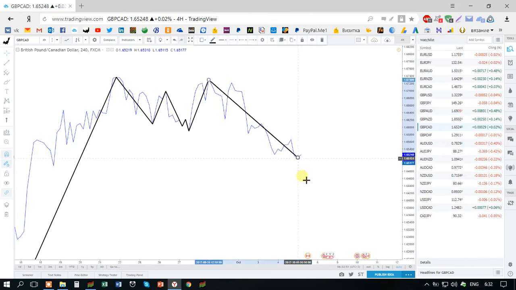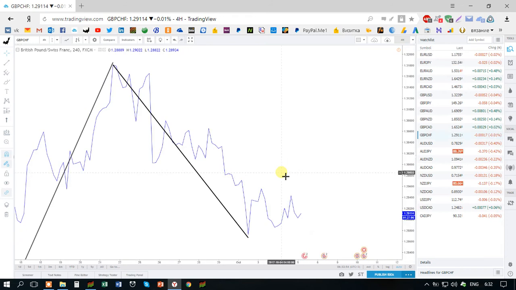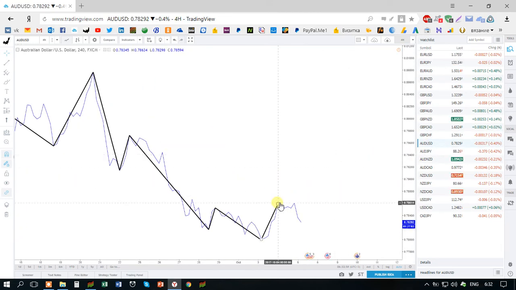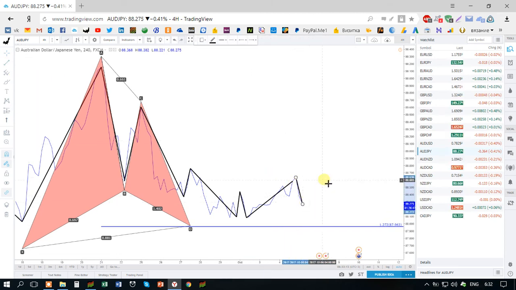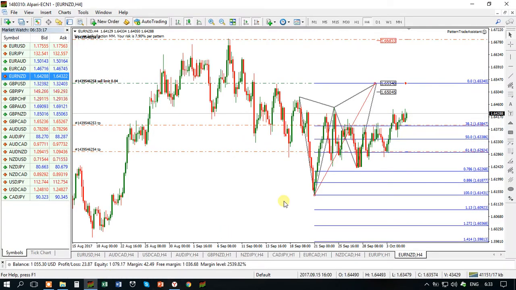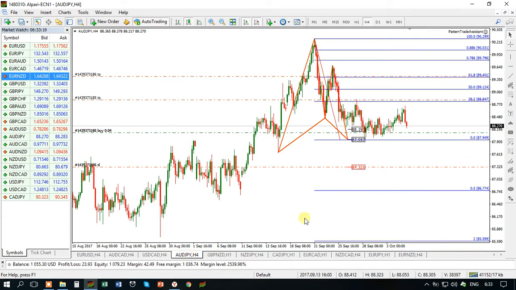Okay, next, pound CHF, nothing. Aussie dollar, nothing. We have the break to the downside. Aussie yen. Oh, we move lower. Let me see what happens with my trade on Aussie yen.